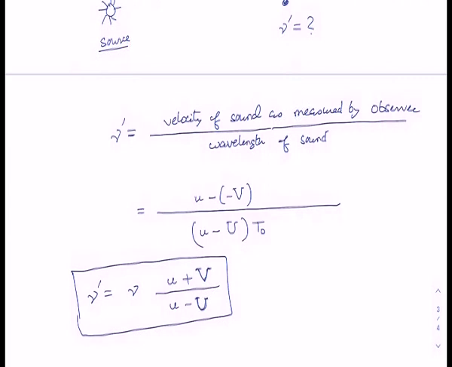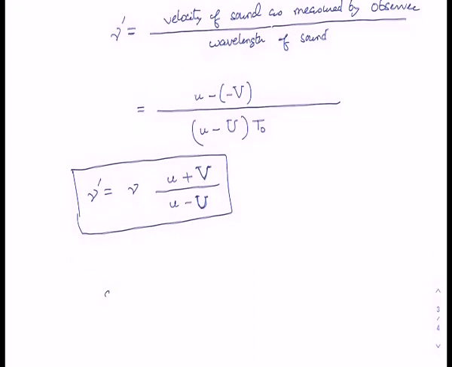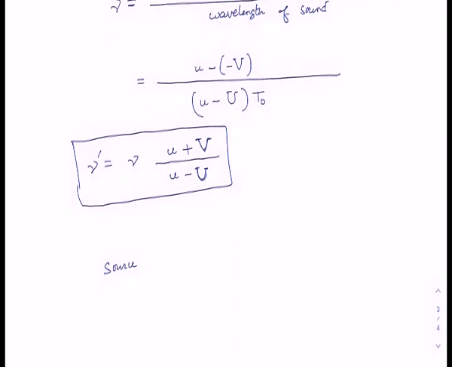So I think I have given you the message loud and clear here, how you can work out various formulas, and you can actually now analyze the formula for, say, when both source and observer are moving towards each other, okay.